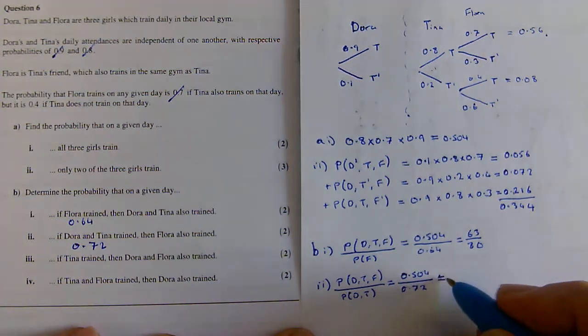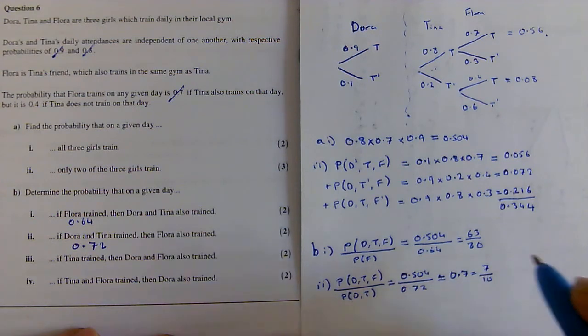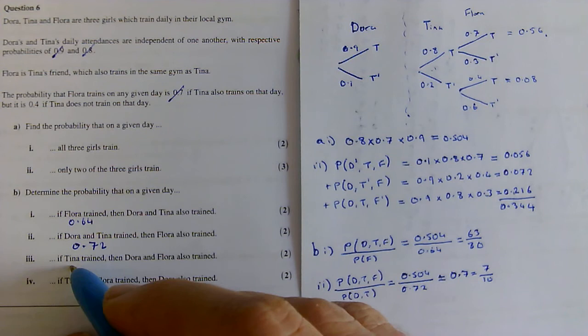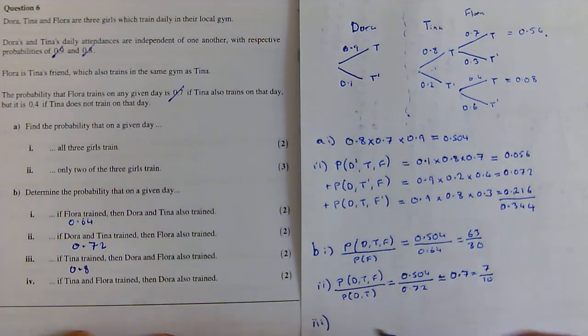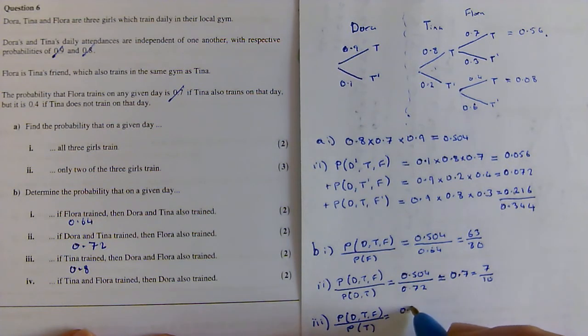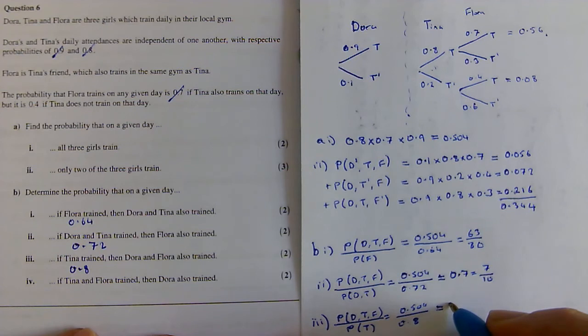That gives me an answer of 0.7, or 7 out of 10. Part 3. If Tina trained, we know the probability of Tina training is 0.8, then the rest of them training, so the probability of D, T and F divided by the probability of Tina, is 0.504 divided by 0.8, and that gives me an answer of 0.63, or 63 out of 100.